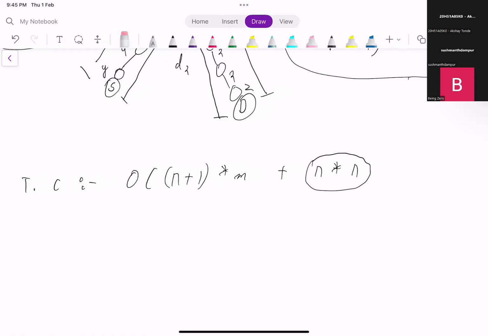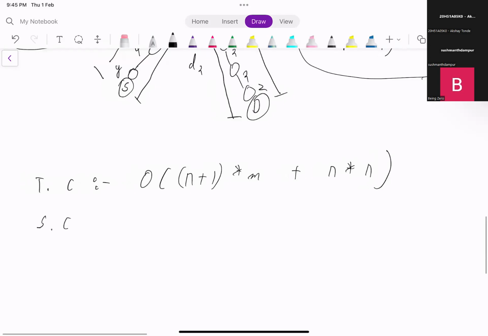And the space complexity will be big O of n plus 1, which can be made n also because we considered nodes as 1 based. You can even make it 0 based because we are never using zeros.